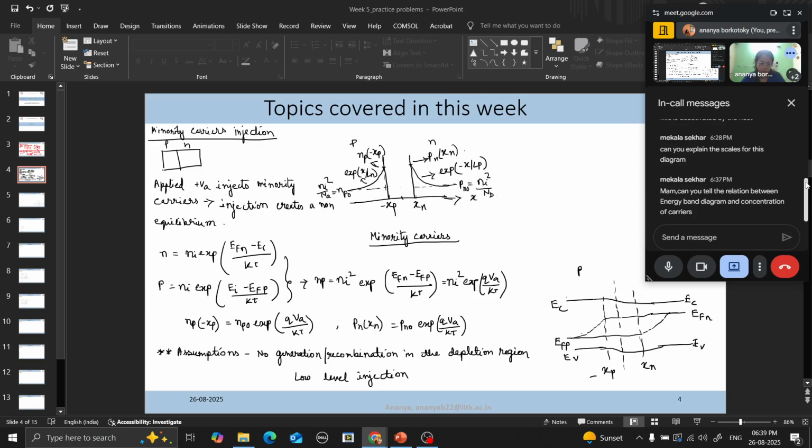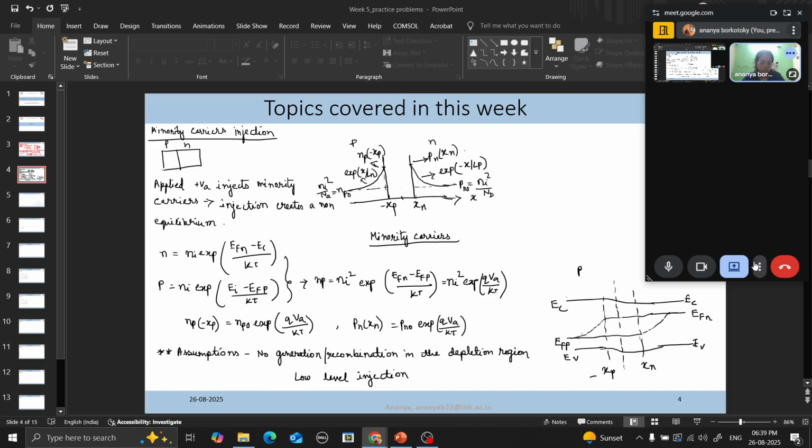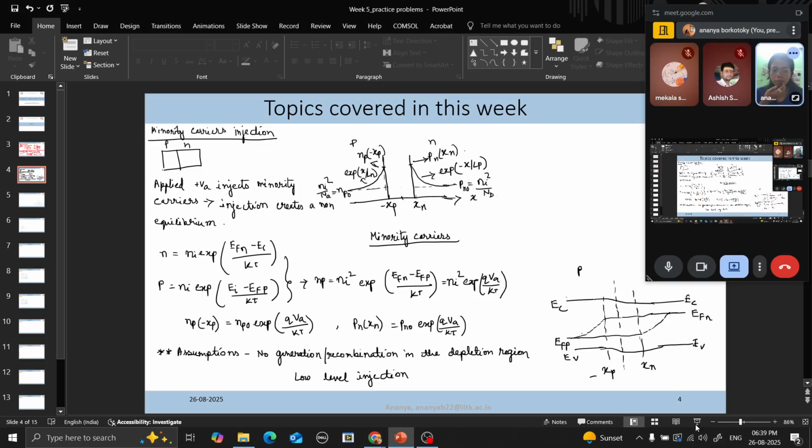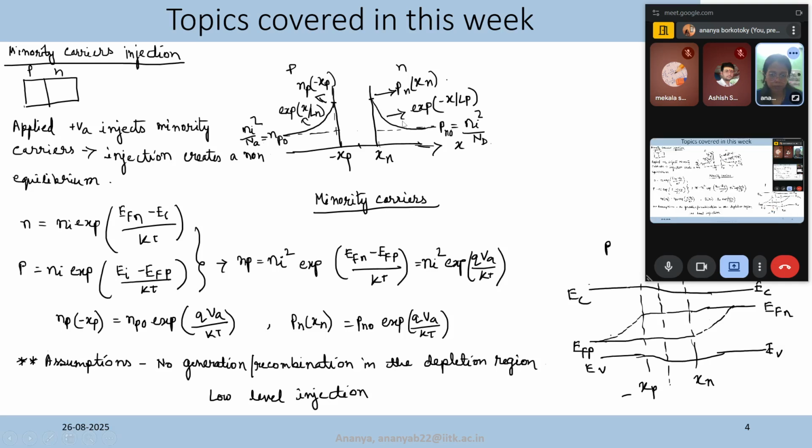Concentration of carriers. Okay. That diagram was given to you, I don't remember. Like the system is a minority carrier. So these are minority carriers.